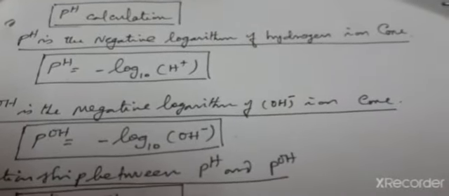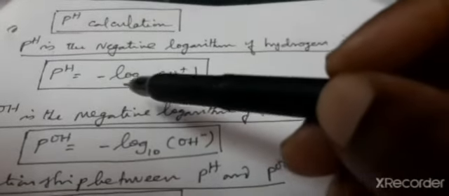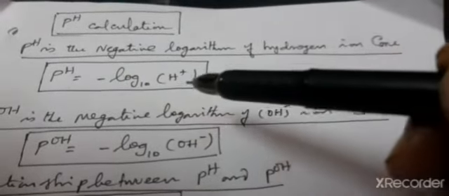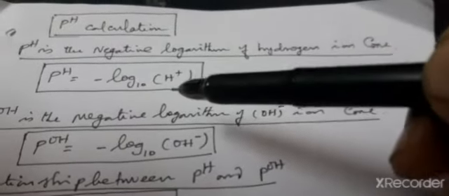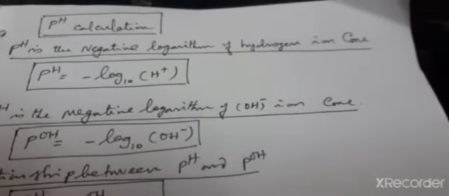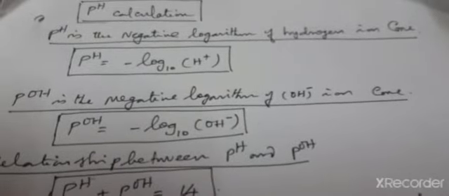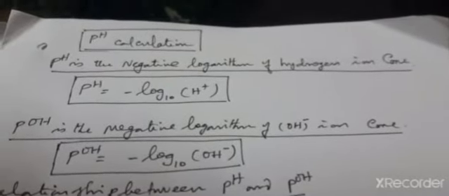So in the pH calculation, pH is nothing but the negative logarithm of hydrogen ion concentration. So there is a formula, pH is equal to minus log 10 H plus. Negative logarithm, that's why the minus sign is given, log 10 H plus, that is the hydrogen ion. Then also if the aqueous solution contains pOH, that is the negative logarithm of hydroxyl ion concentration, OH minus ion concentration.